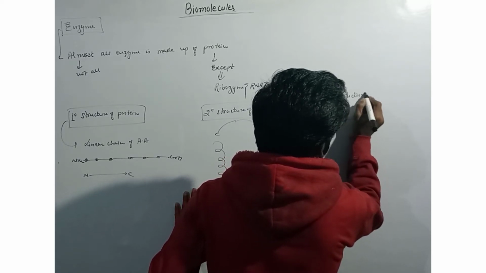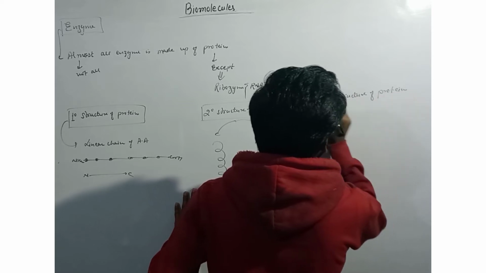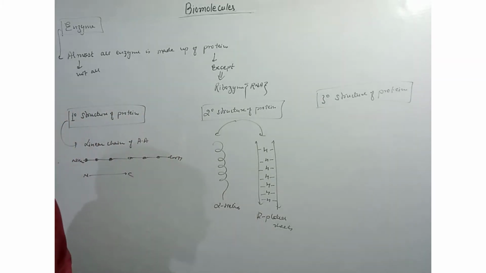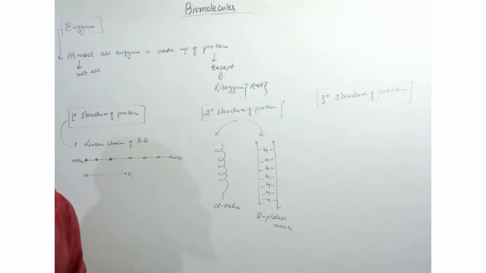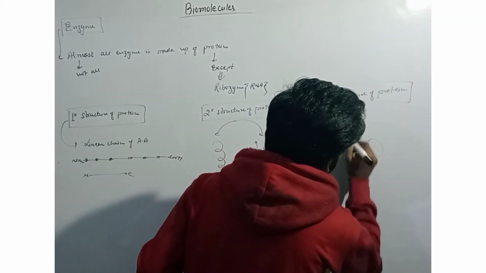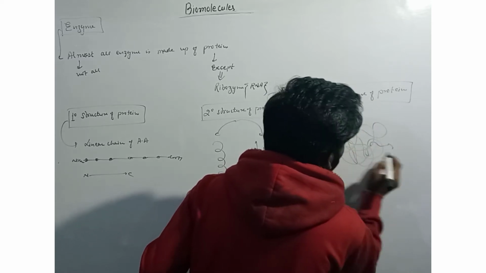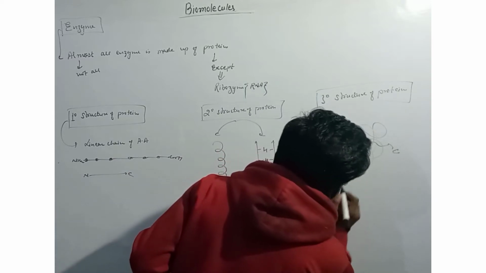Tertiary structure of protein. Now when a primary structure folds upon itself and forms a globular structure, from N terminal to C terminal, it appears like a hollow woolen ball-like structure.